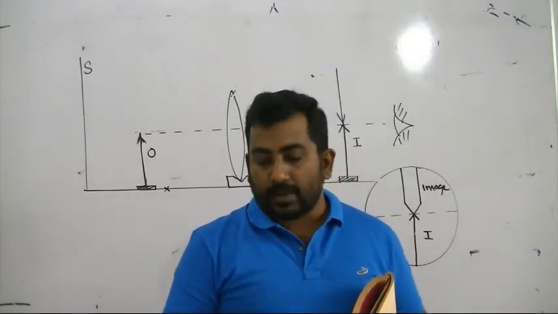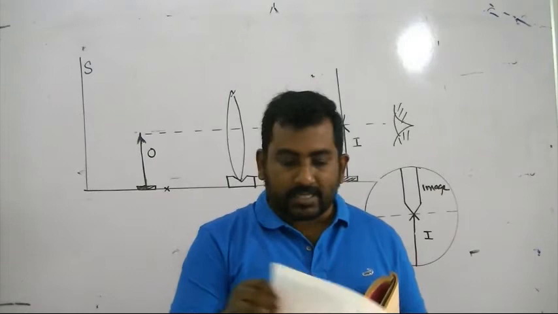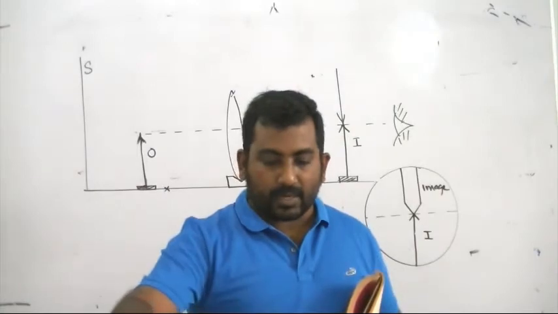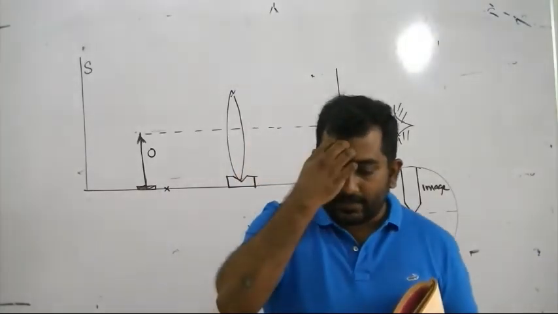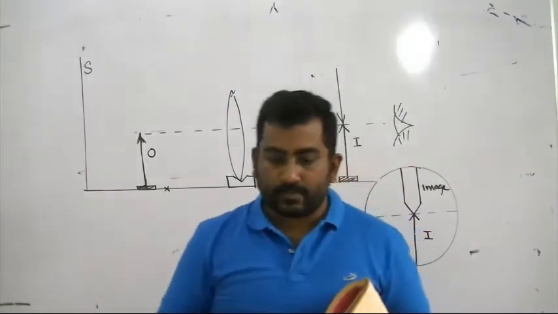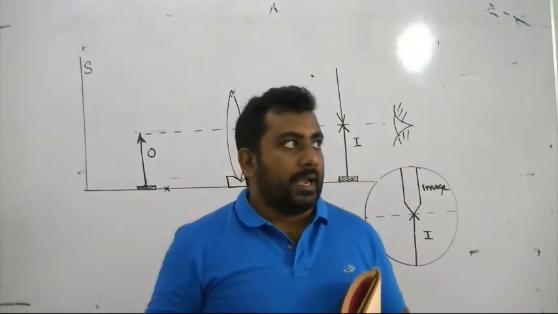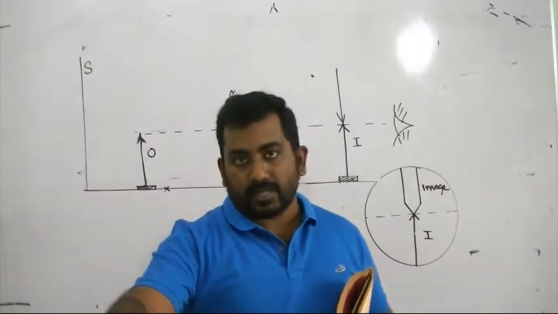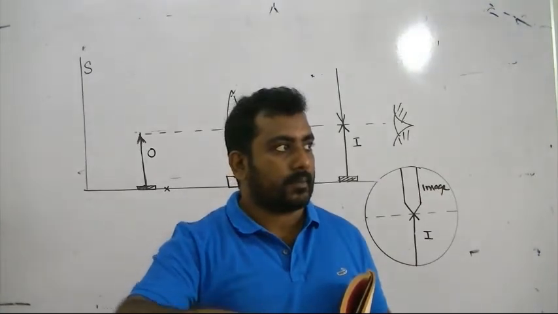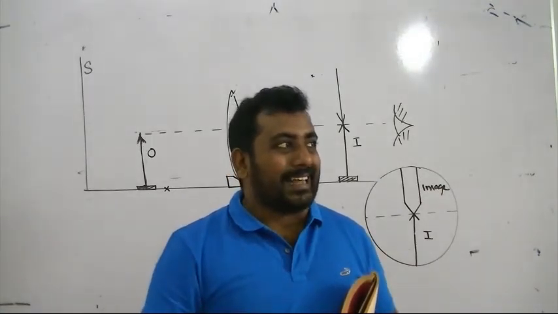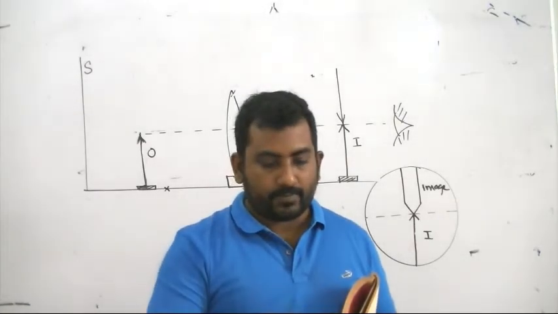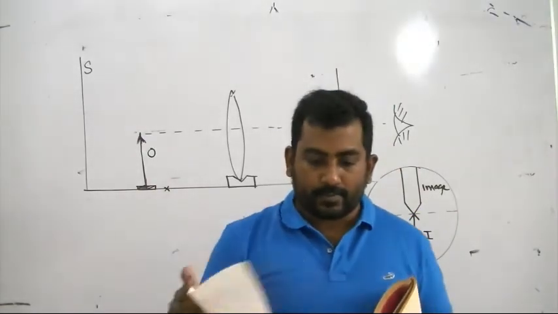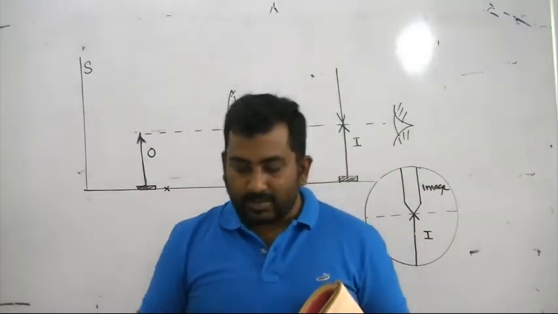We adjust the position of the convex lens such that light rays from a distant object will form an intense image on the screen.